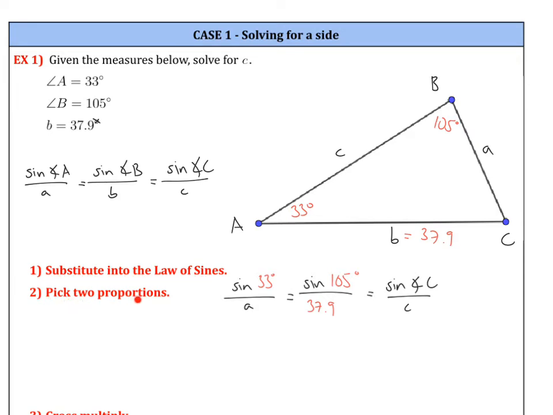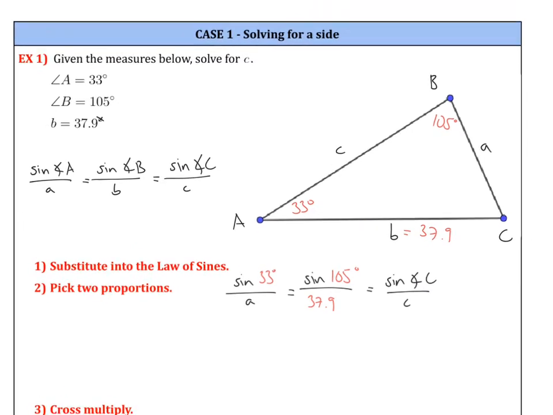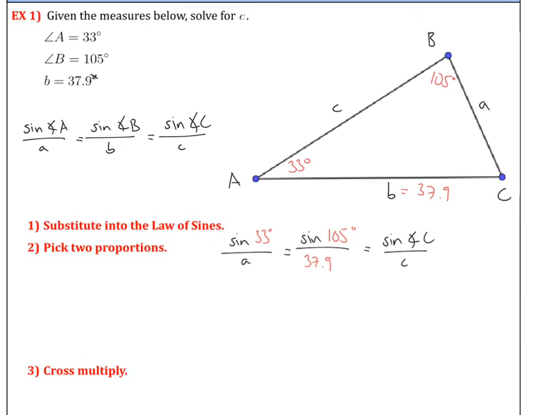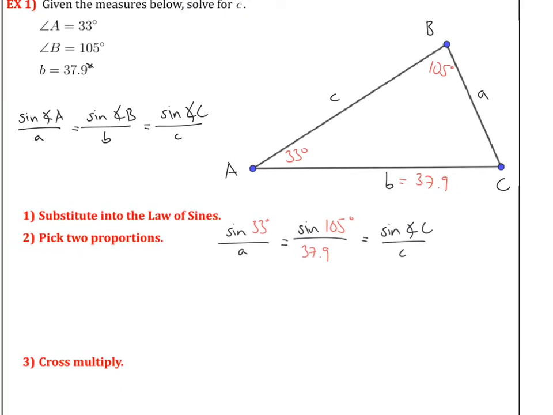Step 2 tells us to pick two proportions. Now, how do we know which two proportions to pick? Because there are three here. One of those proportions, or fractions, you could call it, is complete with values.